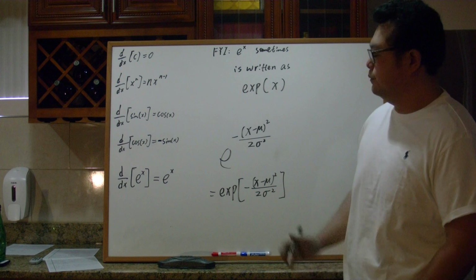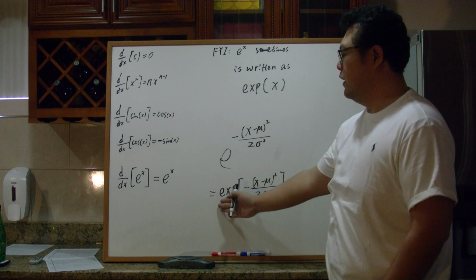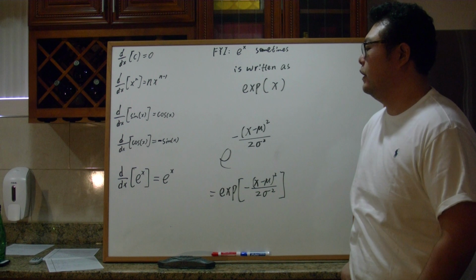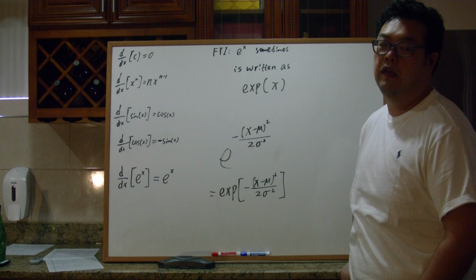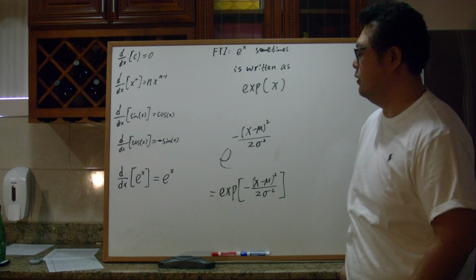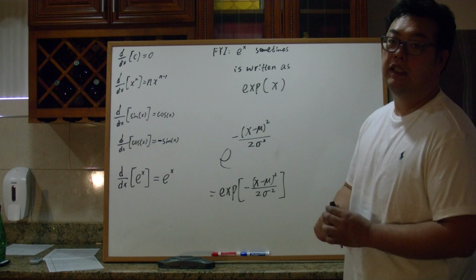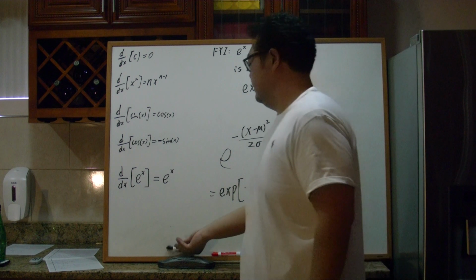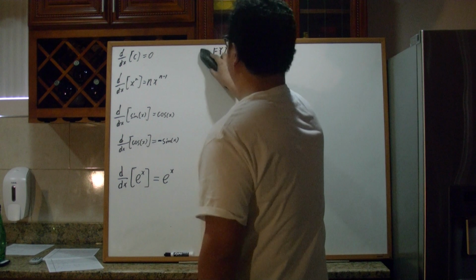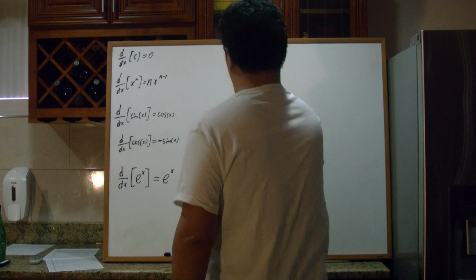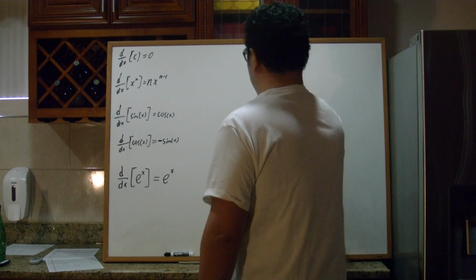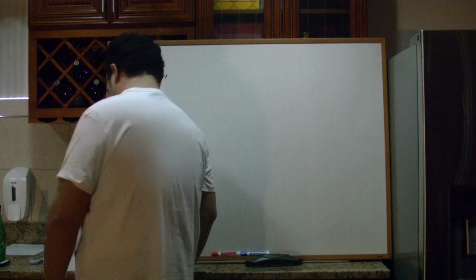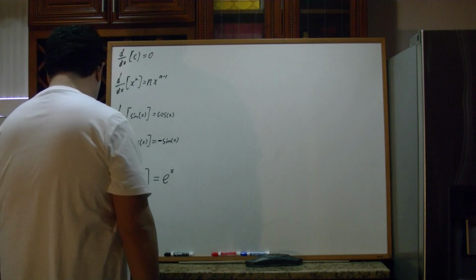But if we write it in that way, it will be more acceptable, and still understandable by other people. That is one way to write e as an exponential function, as a base. Right, so that's for information.